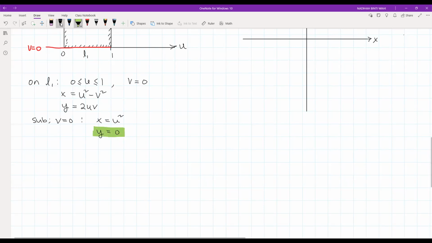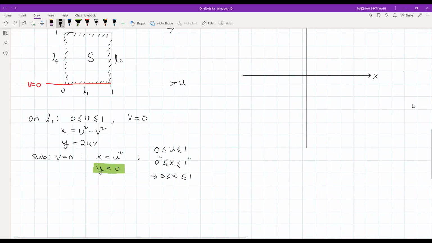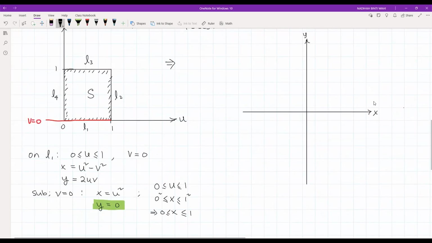And then when you look at your domain from 0 to 1, U is between 0 to 1. Therefore, if I want to take it into X axis, this is U squared. So meaning that 0 squared and then 1 squared. So X is between that. So this is meaning that X is between 0 and 1. So you go back to your Cartesian coordinate. Let's say this is 1 and this is 0.